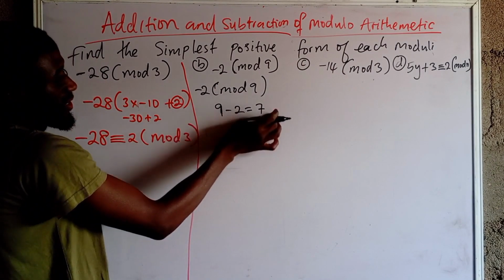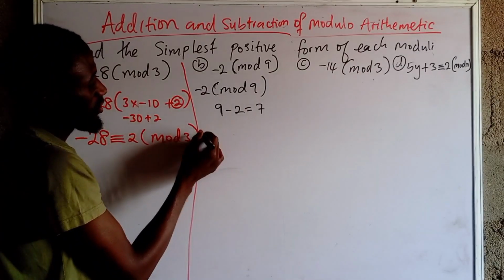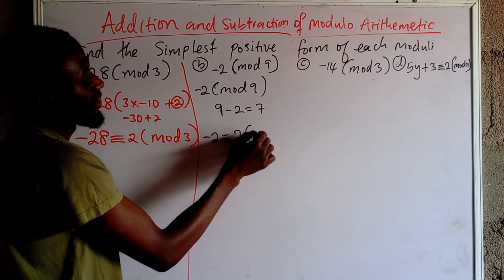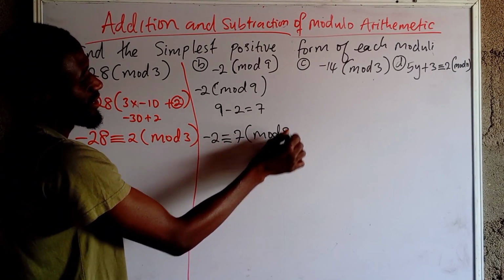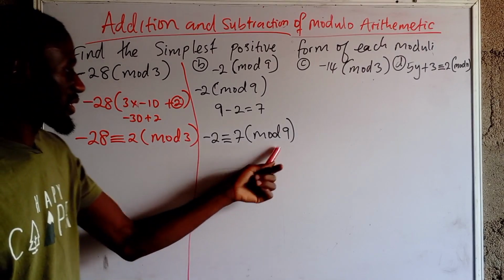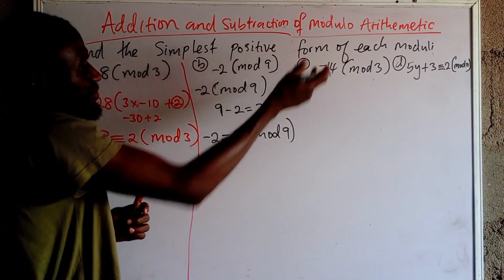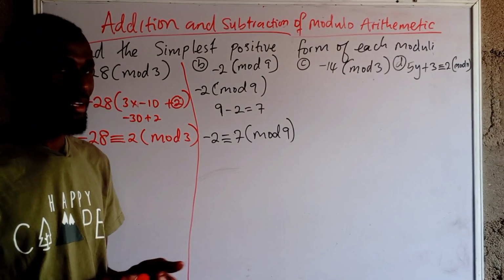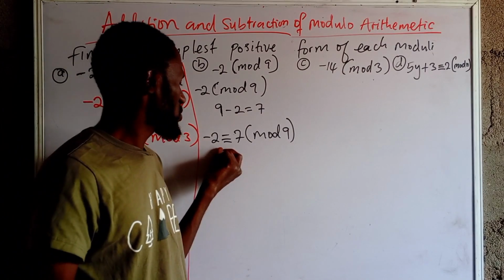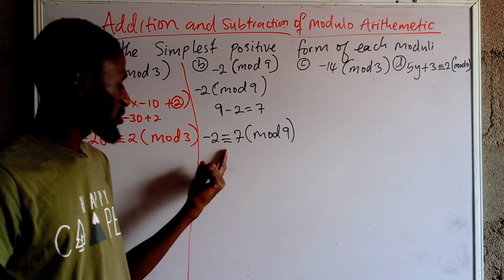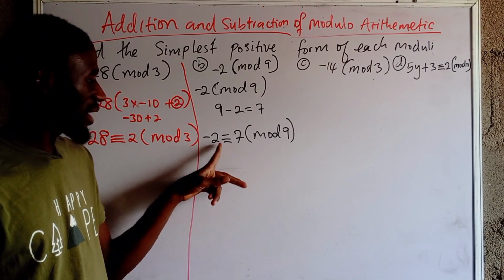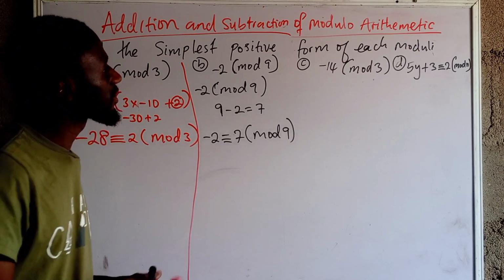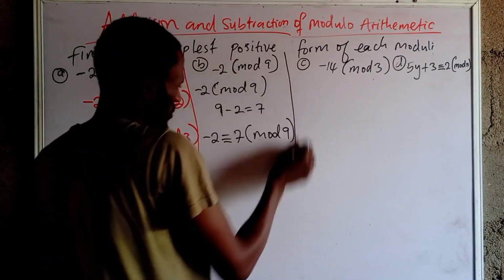That is our modulo. Now we say minus 2 is equivalent to 7 mod 9. This example has a different modulo. The abbreviation is called mod. This is not the equal sign. In modulo, sometimes we use the equivalent sign: equivalent to 7 mod 9. That is the solution for the second question.